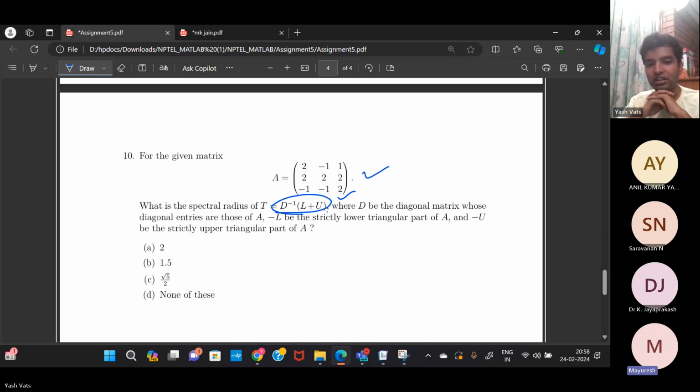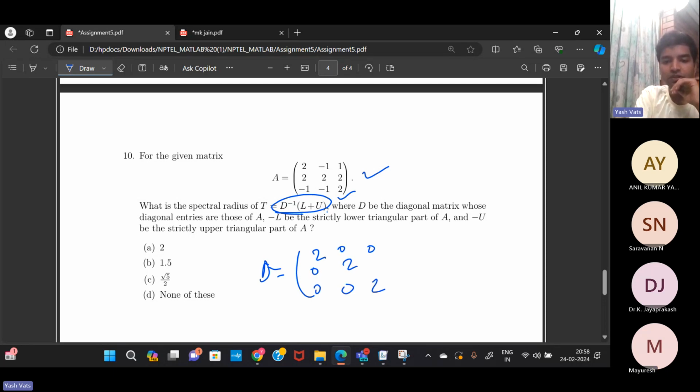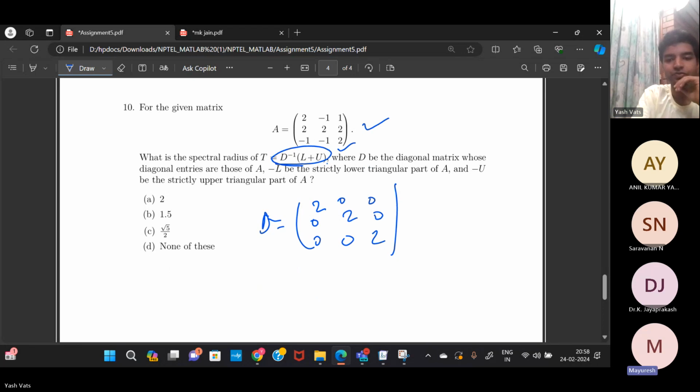So you try to find out D, L, U. What is L, what is U in this case, and what is D? D is 2, 2, 2 and zeros elsewhere. What is L? L is 0, 0, 0, minus 1, 1. Why is there so much noise?